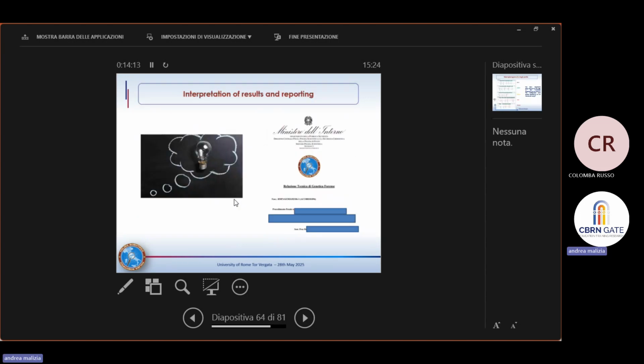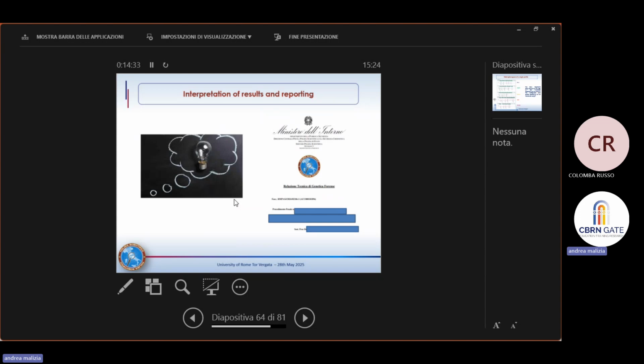The last step, of course, is the interpretation of results and the reporting to the court. Here you have an example of the reporting to the prosecutor. And interpretation is not usually so easy.